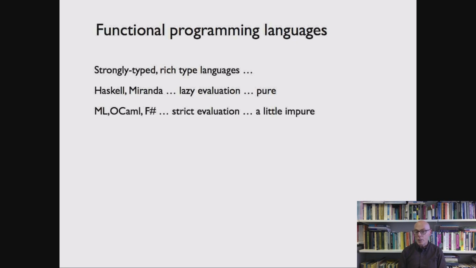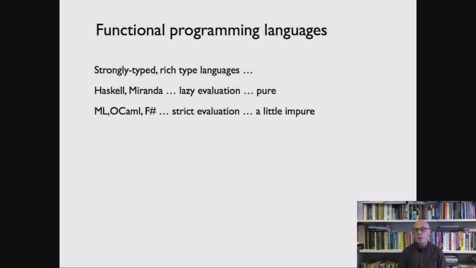On the other hand, languages like ML and OCaml and F# have strict evaluation, and they do have some impurities. Different languages have different balances of impurity, just as Erlang has side effects, has impurity in its communication primitives.